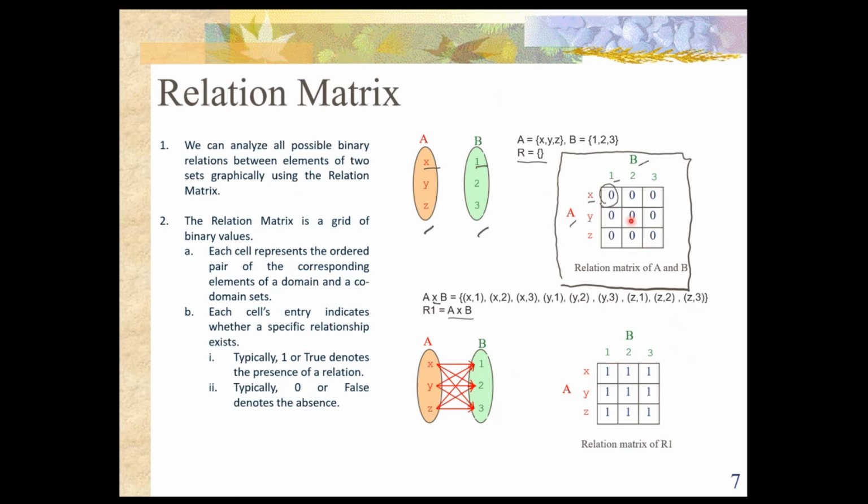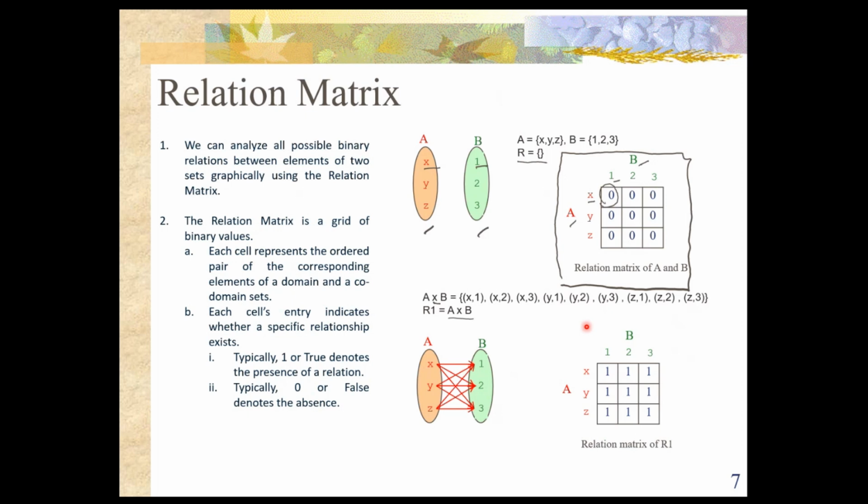They may use false for 0, true for 1, or sometimes they use ticking to indicate 1, X to indicate 0. So it's just a different notation convention, but it has the same meaning.